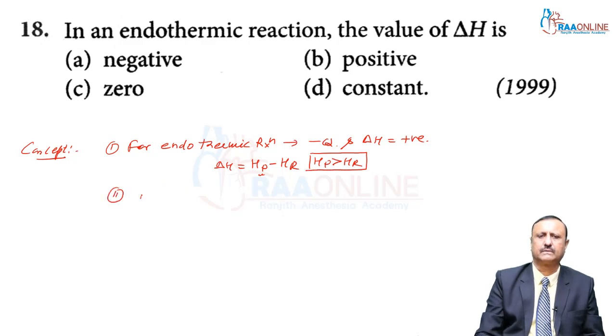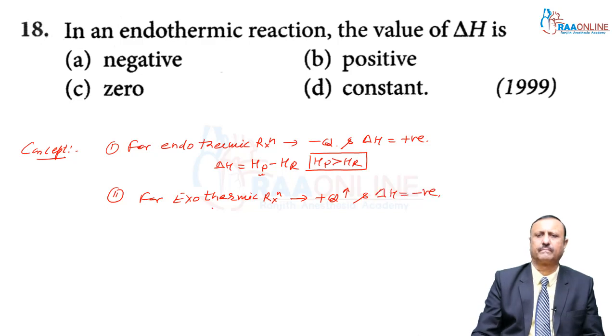Now, second, for an exothermic reaction, heat is liberated, and when heat is liberated, plus Q, so my dear students, delta H is equal to negative. We can see that delta H is equal to HP minus HR.